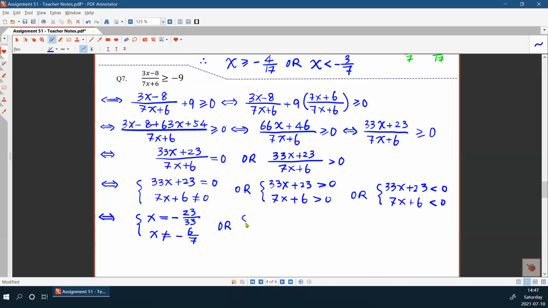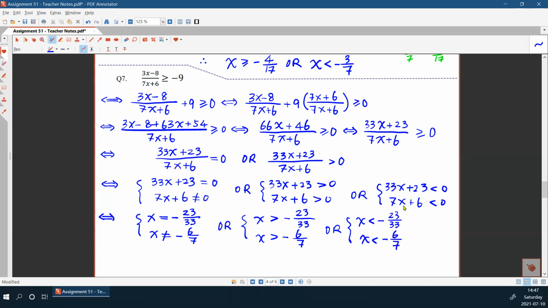Or second branch gives us x must be greater than minus 23 over 33, and x must also be greater than minus 6 over 7, right? Or third branch. First of all, x should be smaller than minus 23 over 33, and x must be smaller than minus 6 over 7.